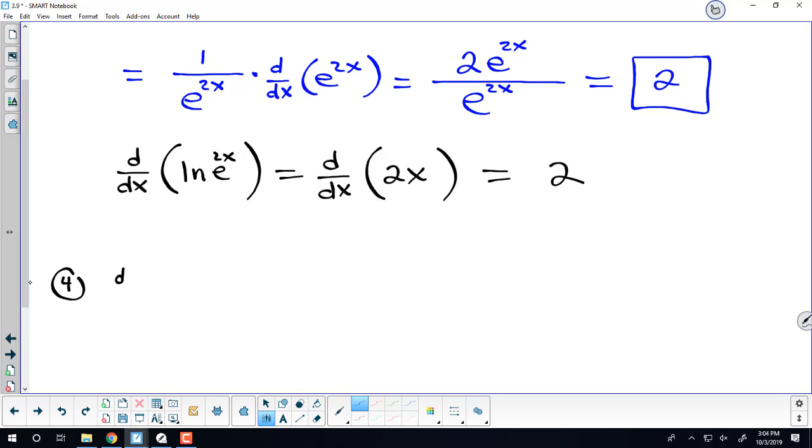What about the derivative of the natural log of the natural log? No, 1.